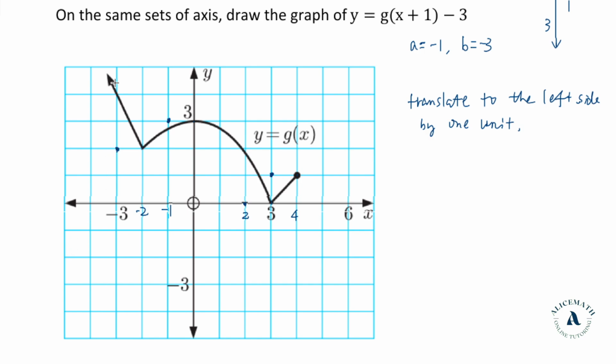All right. So because here we still have a straight line and we cannot know what's the gradient, but look at here, we have another point on this previous graph. So here is -3 and 4. So we need to move these points 1 unit to the left side. So the new point would be here.